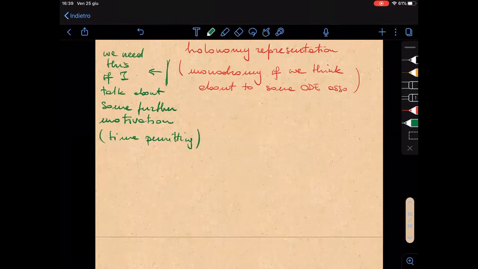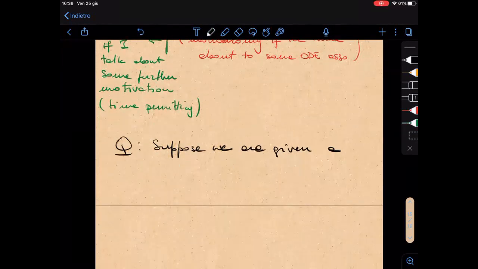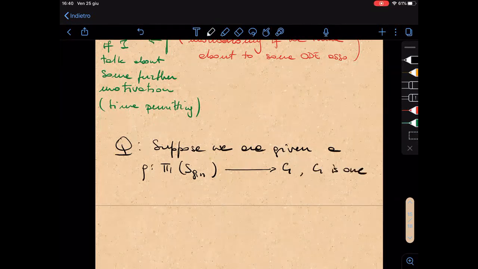Well, I recall to you then the main question was, suppose we are given a representation. So you have this homomorphism, this is just an algebraic object, not associated to any geometric structure, but we may ask, G is one of the above groups.